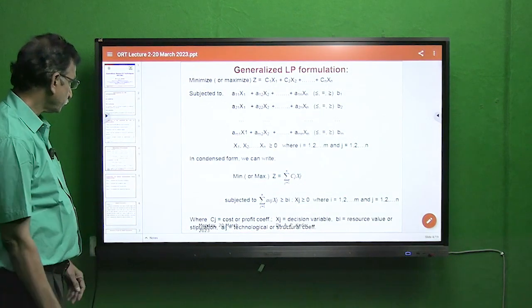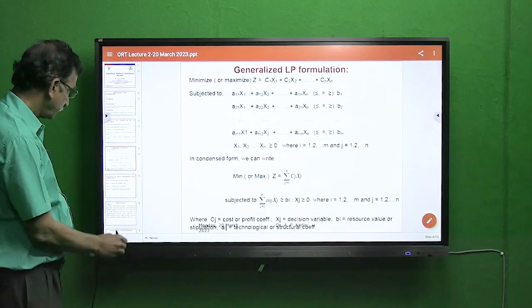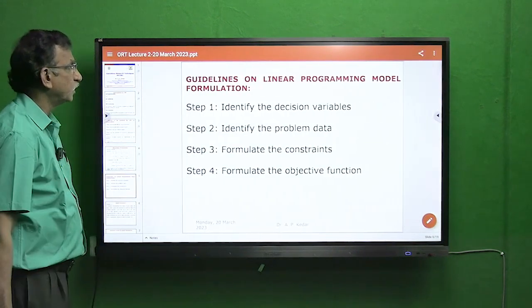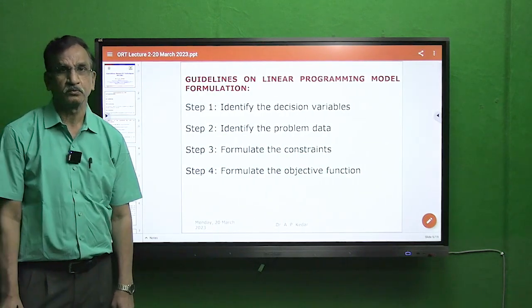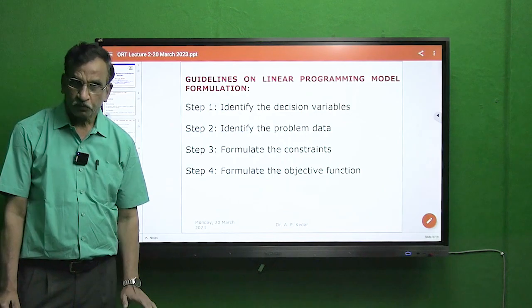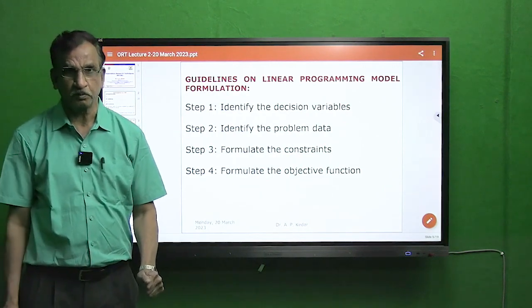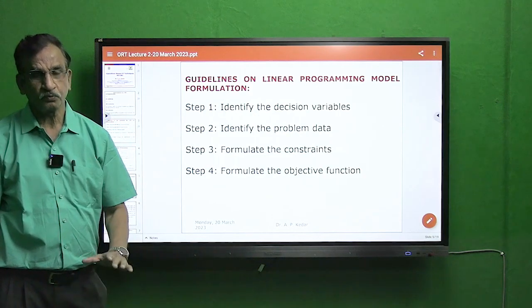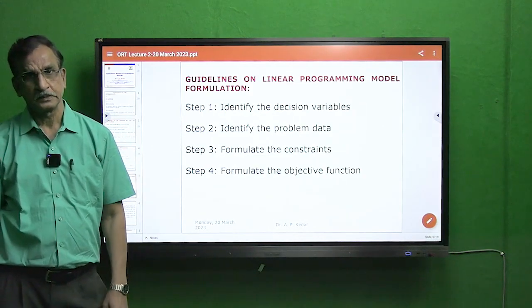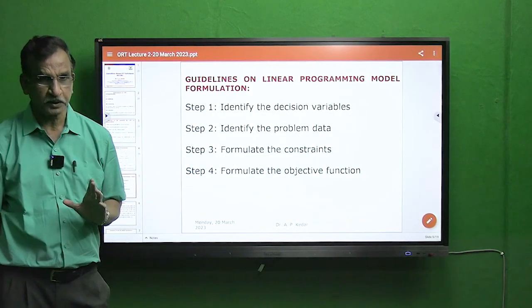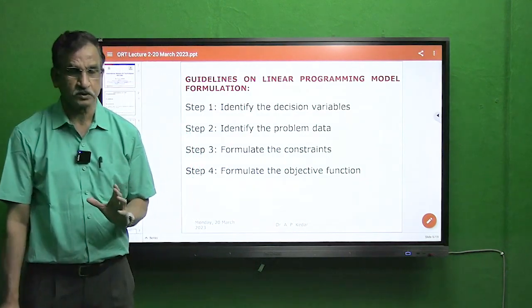So further, now if I want to form or formulate the problem in the capacity of a linear programming problem, I have to follow some steps. Data will be given in the form of wordings.